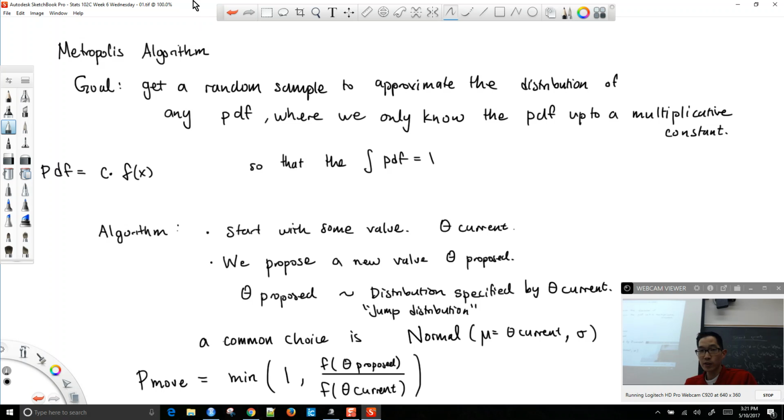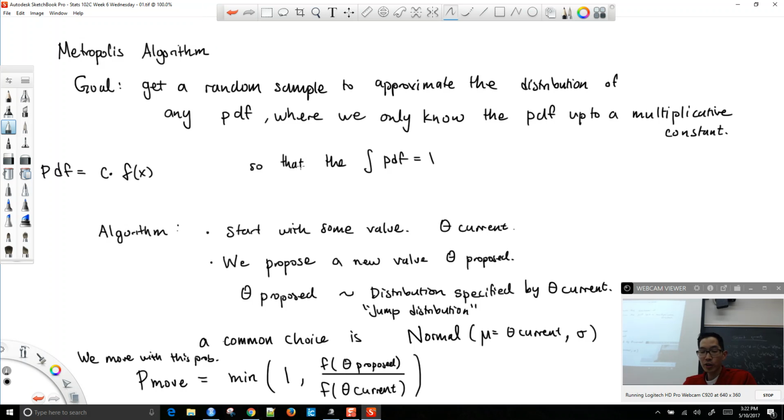And we move with this probability. We draw a random value between 0 and 1, and if it's smaller than that probability, we move, and if it's not, then we stay. And if we stay, we add another entry of theta current into the random sample.